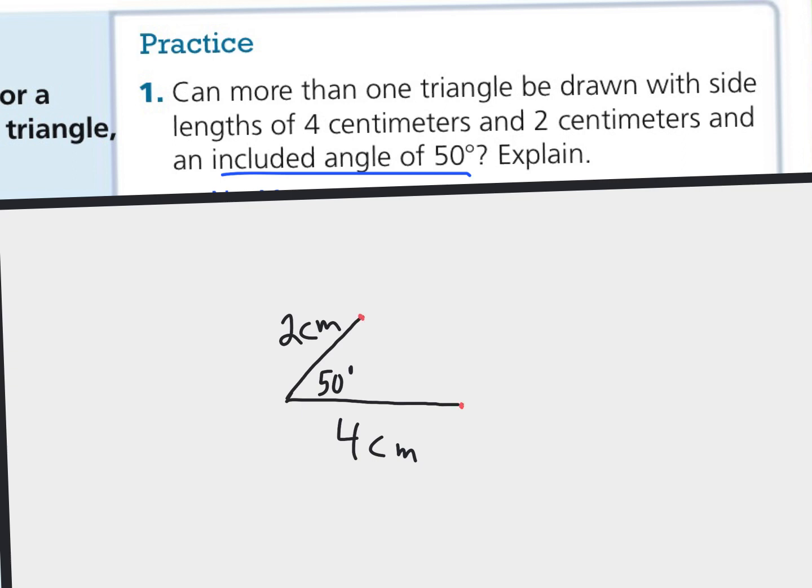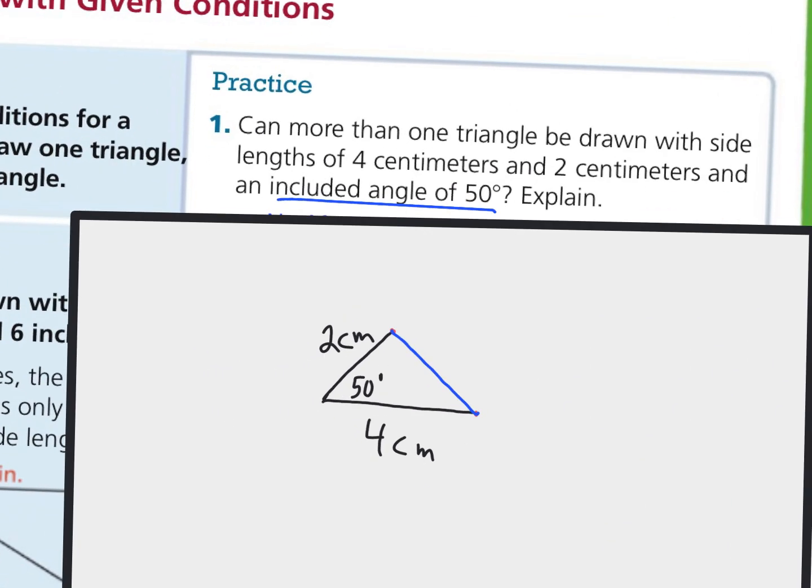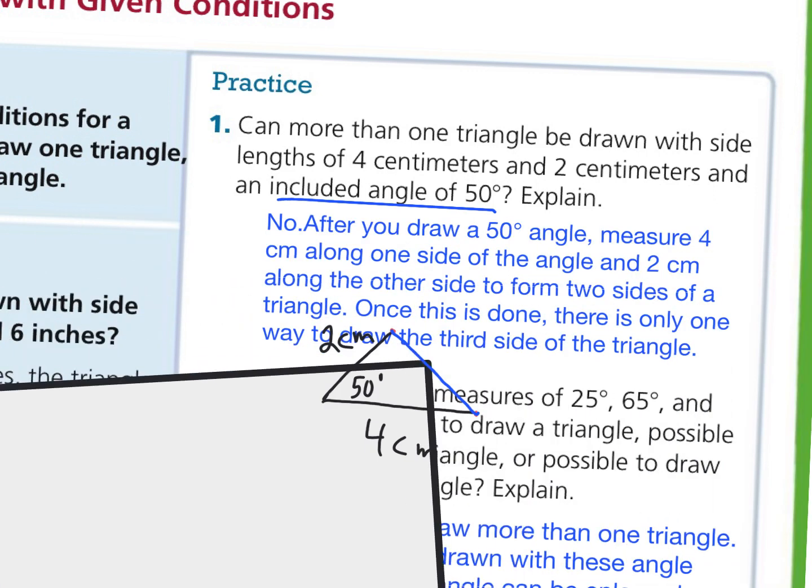Well, we're kind of stuck because we have endpoints for both of these sides. So the only way we can complete our triangle would be by connecting the two. So for this one, the answer would be no.